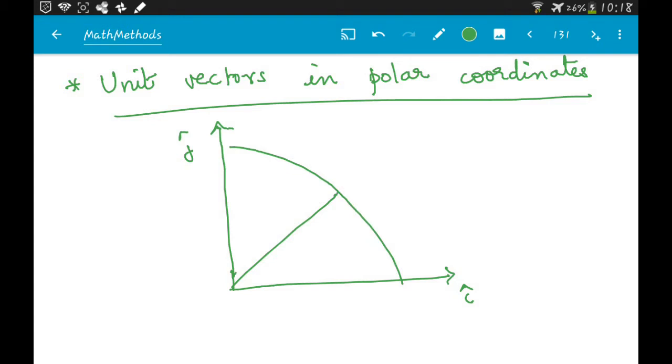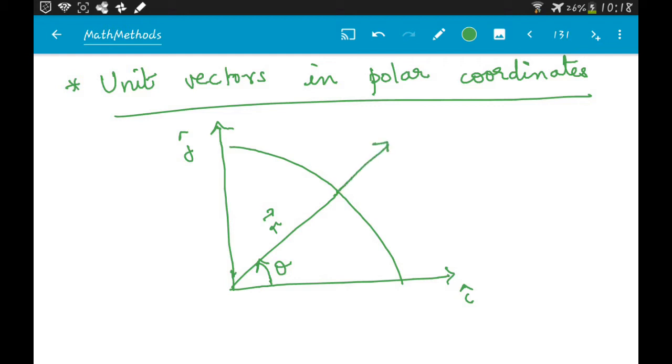So this is our vector R, and this is the angle subtended by the vector with respect to the i direction. So this is theta. Now let's say we project this R right over here.